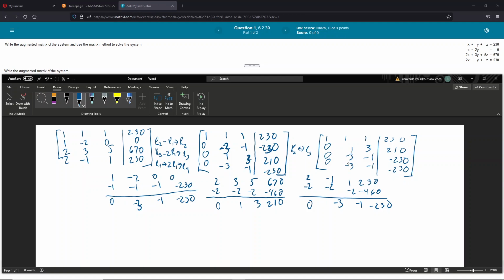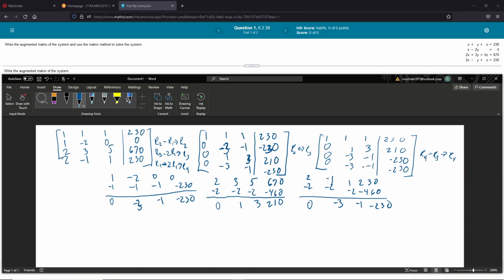If you notice, they're exactly the same thing, right? They're both 0, negative 3, negative 1, negative 230. So what I can do is subtract row 3 from row 4, and that would be my new row 4.